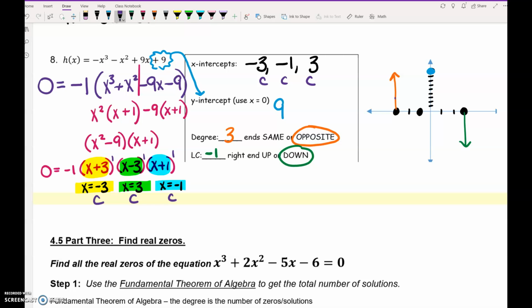So we are going to cross at -3, cross at -1, then we need to come up here and hit that y-intercept, and then come back down, around, and cross at our +3.